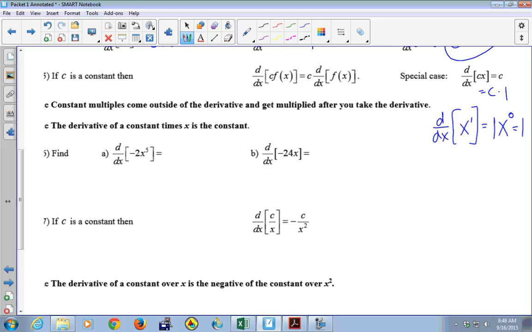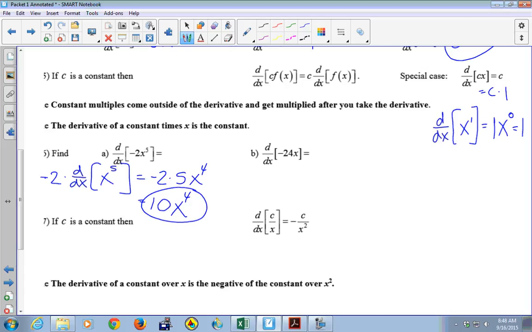So d dx of -2x to the 5th, that's -2 times d dx of x to the 5th, right? Just take the constant and do the multiplication at the end. So what's the derivative of x to the 5th? 5x to the 4th, so this is -2 times 5x to the 4th, which is -10x to the 4th.